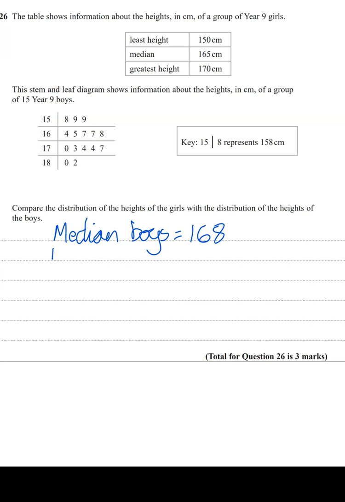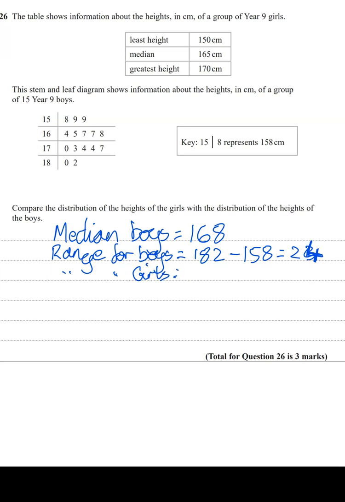Now the range for the boys, remember, is the highest take away the lowest. So we've got 182 minus 158. So that is 23. No, it's not. It's 24. Sorry. Okay, so the range is 24. And let's do the range for the girls.